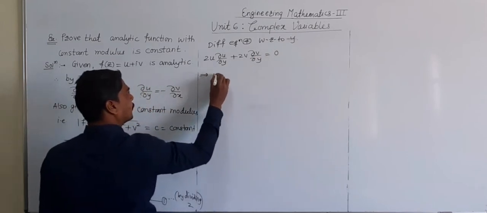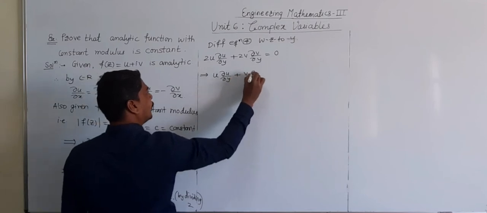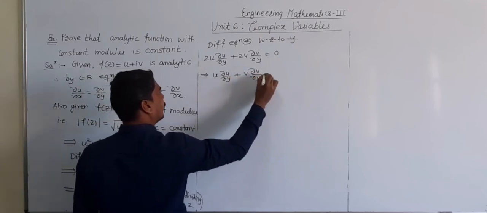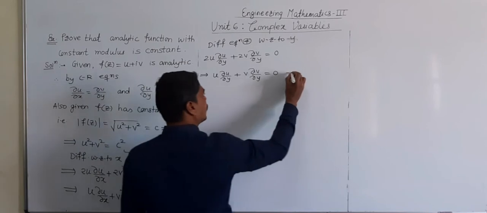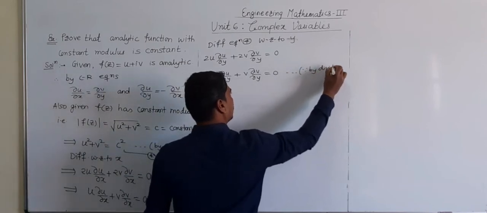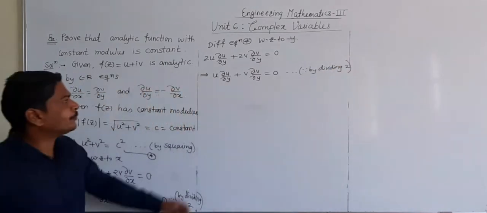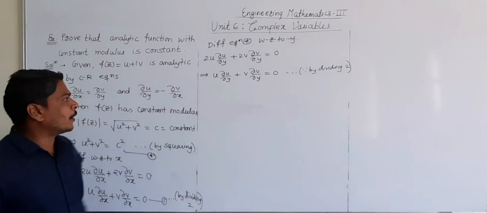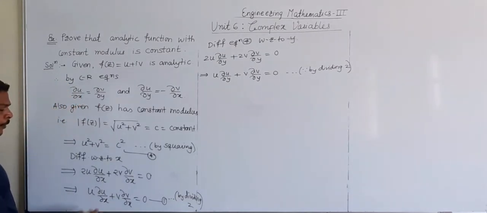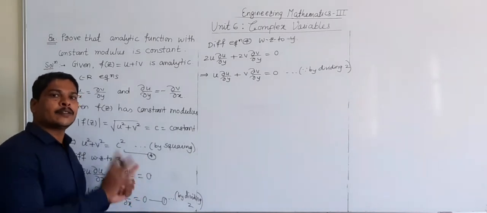So this implies u into partial derivative of u with respect to y plus v into partial derivative of v with respect to y is equal to 0, by dividing both sides by 2.